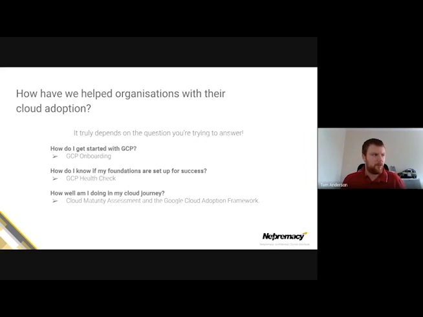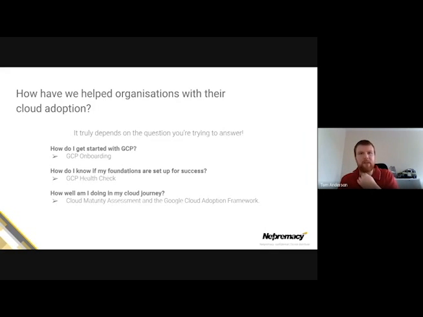But actually, what we're starting to do a lot more with our organizations is to use the adoption framework to drive that structure behind cloud adoption. It's not always the case that people want to go all the way back to the foundations. It's not always the case that we need to address those foundations.